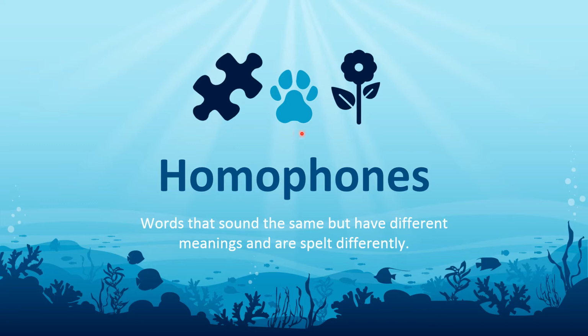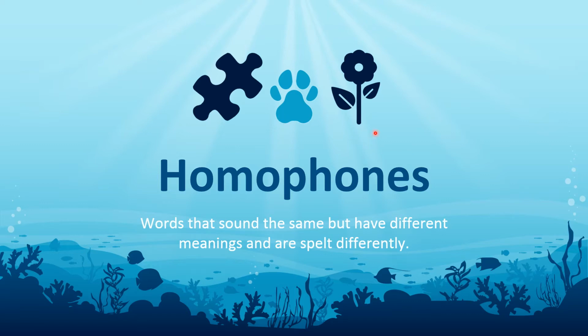Paw, in this instance, I'm talking about a dog's paw, and that's spelled P-A-W. Do you know what other pour I could be referring to? I could pour water into a glass, P-O-U-R. And our last example is flower.